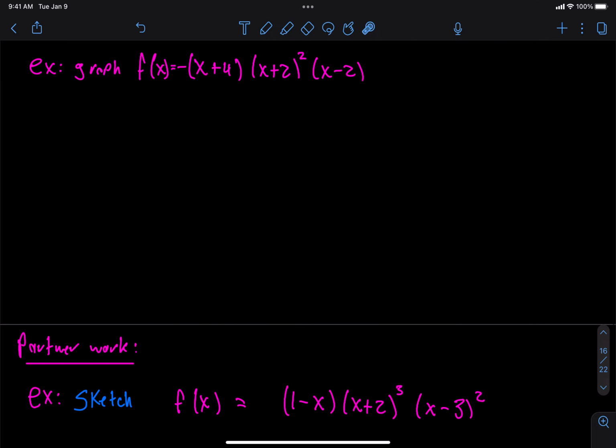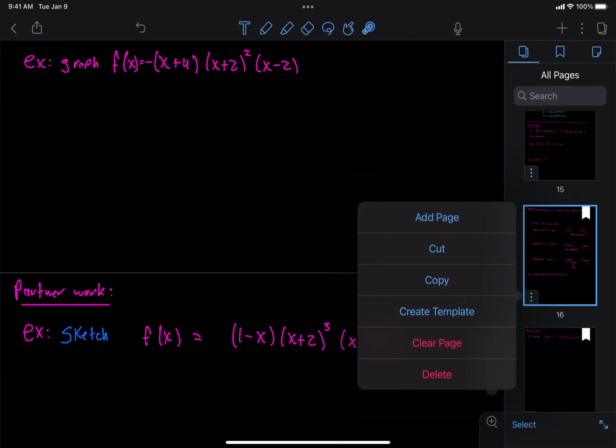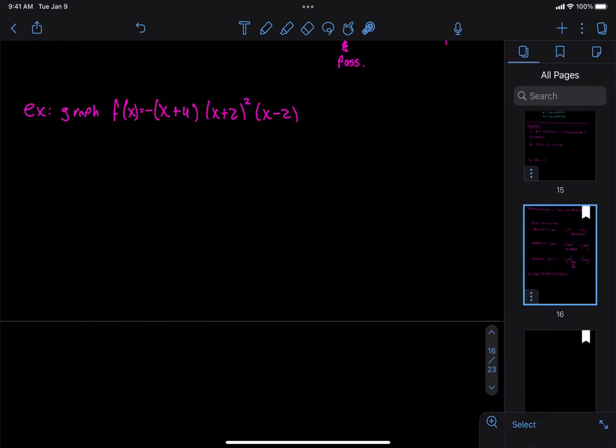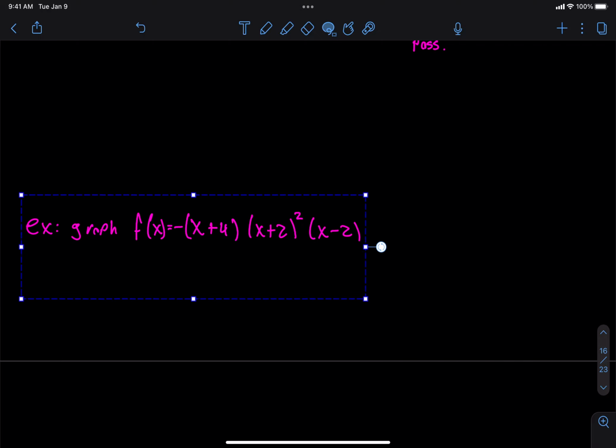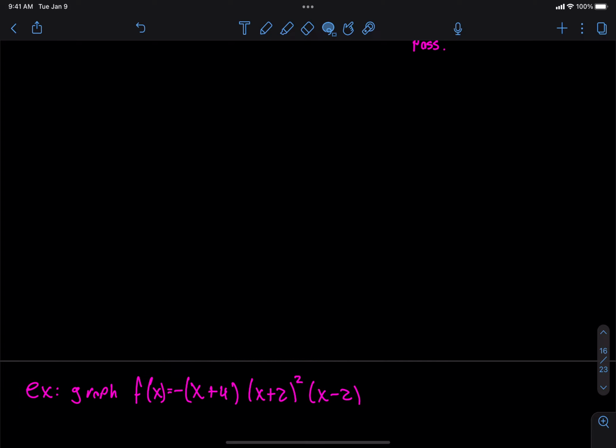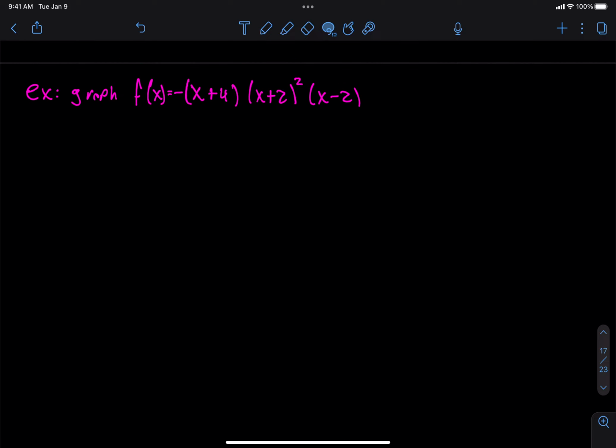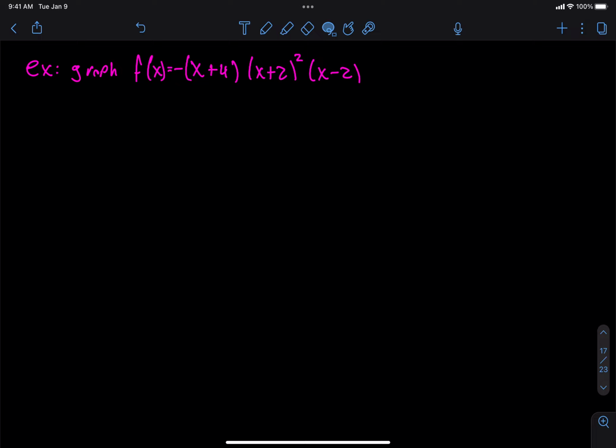So let's put it all together now and try to graph this function. The nice thing is that they have already factored this function for us. So all I'm going to do is determine the following things. I'm going to look at the end behavior.